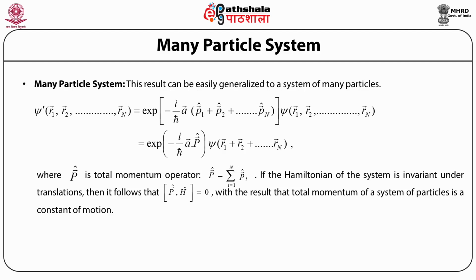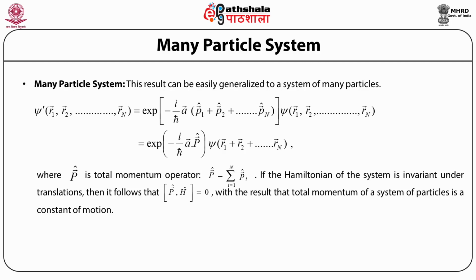And this again from the equations that we have derived earlier, we can see that this wave function psi prime as a function of position vector r1, position vector r2 and so on and position vector rn is equal to exponential to the power minus i by h cross times position vector a times within brackets momentum operator p1 plus momentum operator p2 plus so on plus momentum operator pn. This whole times the wave function psi as a function of position vector r1, position vector r2 and so on and position vector rn.